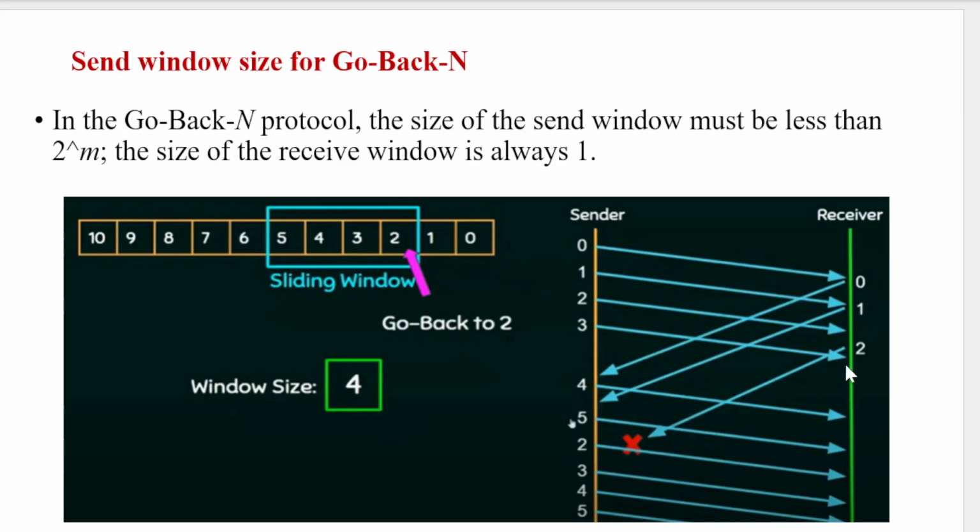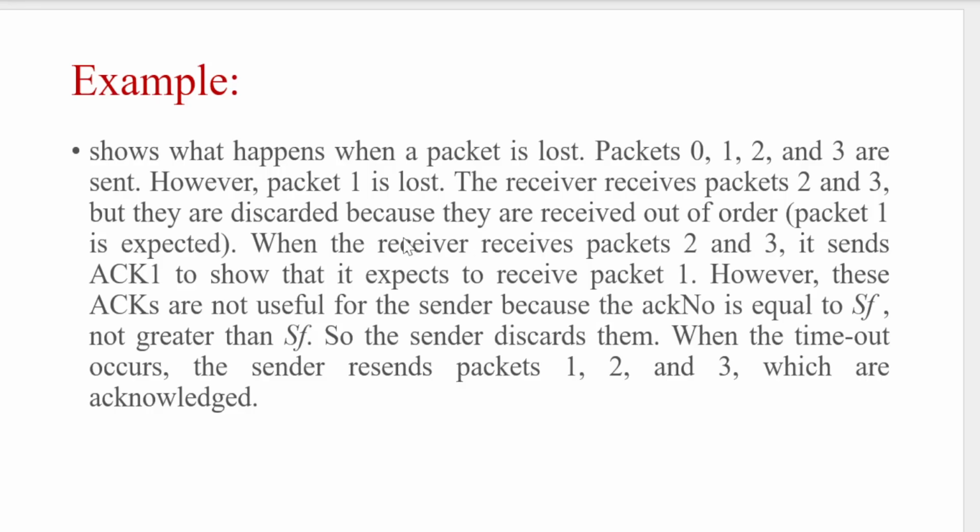But whenever there is a problem in getting the acknowledgement for 2, in this kind of protocol, the whole window is resent again. That's the main thing here. That's what go back N protocol is. In the entire window, if there is a problem in receiving the first one, then the entire window is sent again. So that's what go back N protocol is.